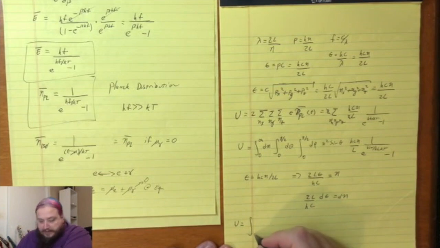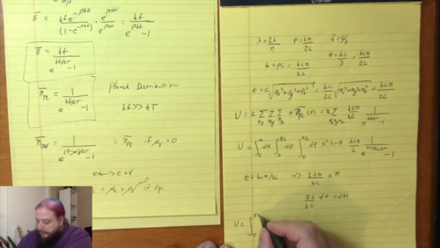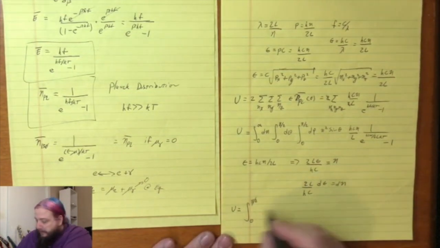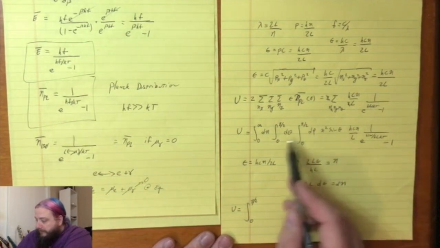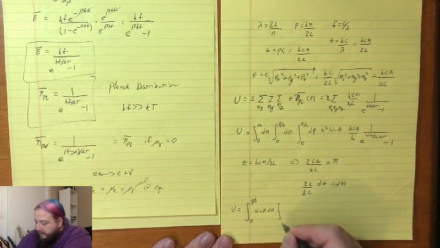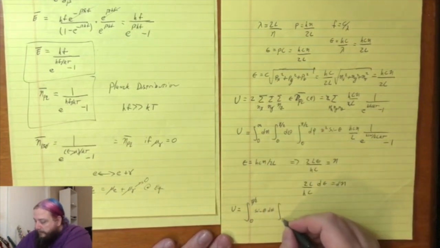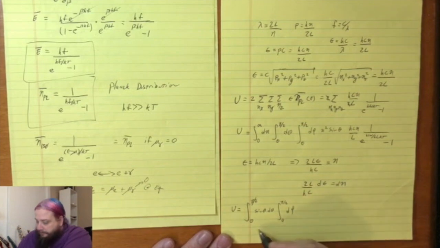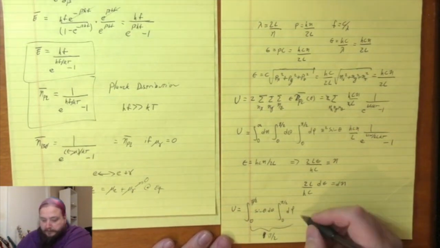Let's see, we'll put the angular stuff out front. 0 to pi over 2 of, let's do the theta integral, so sine theta d theta, and the integral from 0 to pi over 2 of d phi. And that's just going to give us pi over 2, those two integrals.